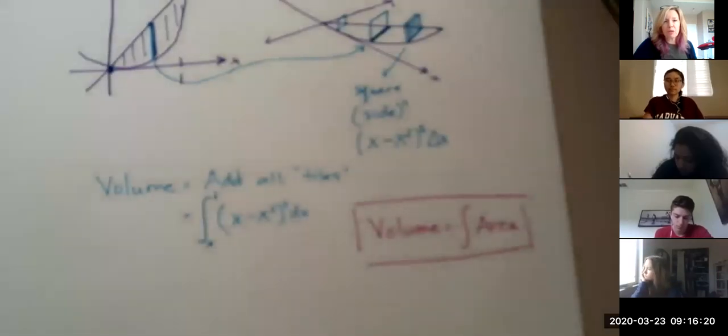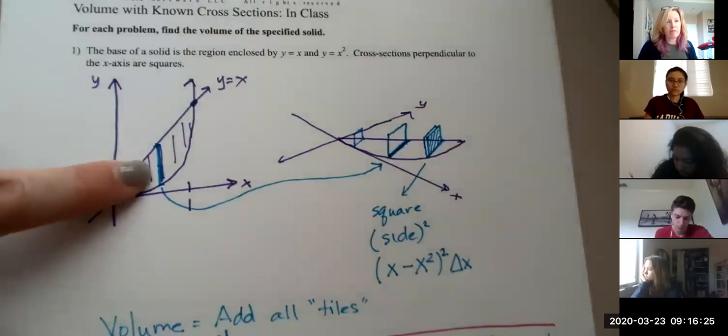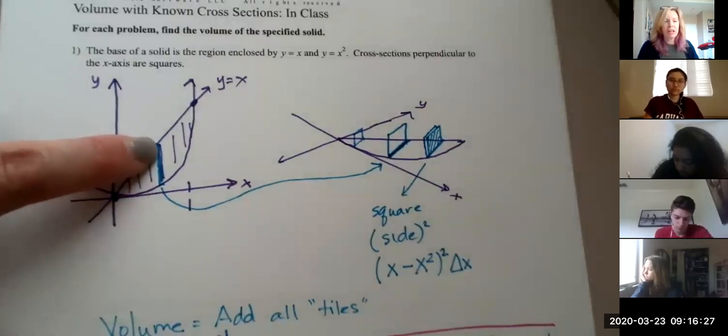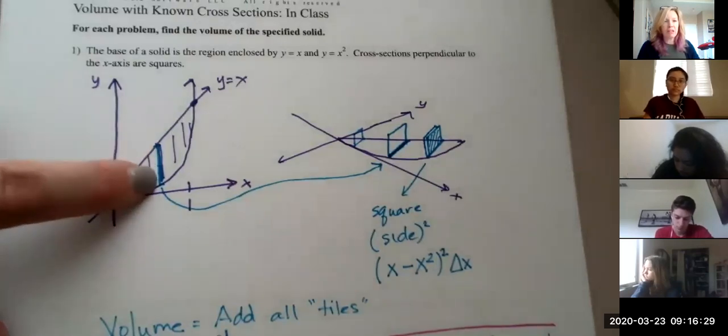Okay, so let's go back to the drawing. I'm going to go back to my screen share. If you remember last time when we were finding the area between the two curves, that's basically what I'm doing right here. This blue line right here is a piece of that area between these two curves.